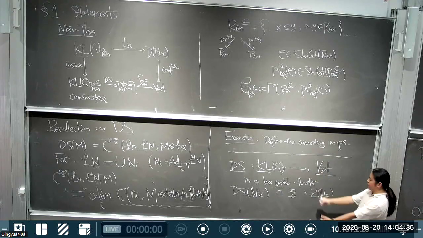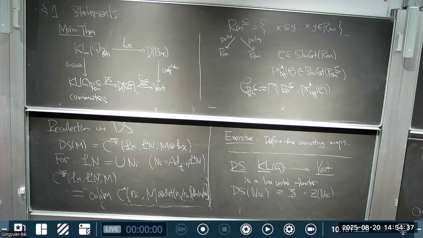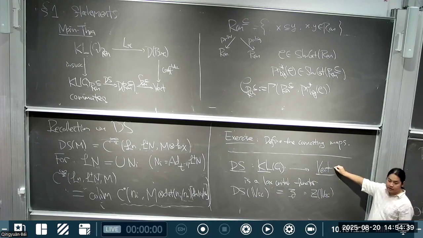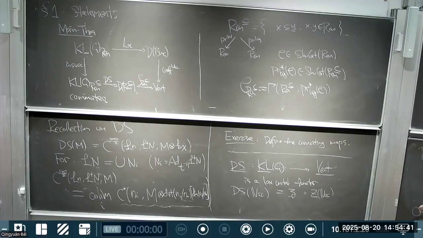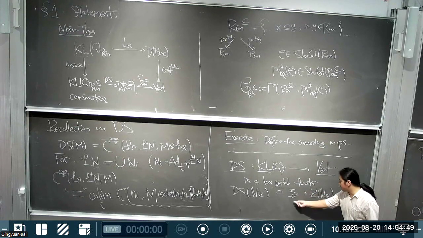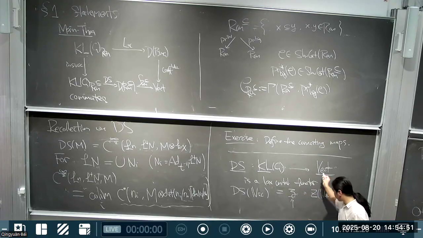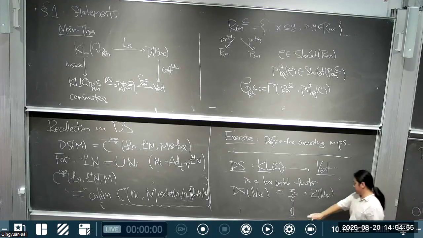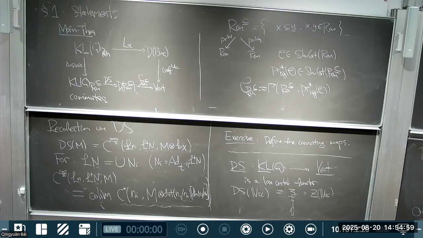And therefore, you see that it does not send unit to unit because the unit in Vect would be the trivial thing. It would be the one-dimensional vector space. Instead, you get some algebra. And because this is some algebra, it receives a map from the trivial factorization algebra, which I denote by 1, to it. And therefore, you see this is only at most the right lax unit.